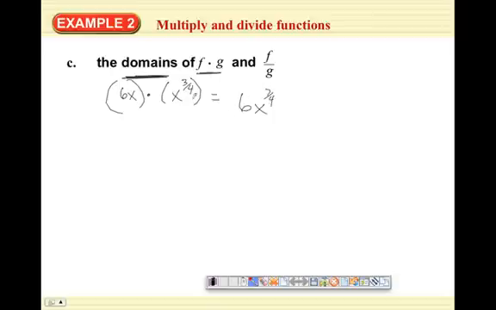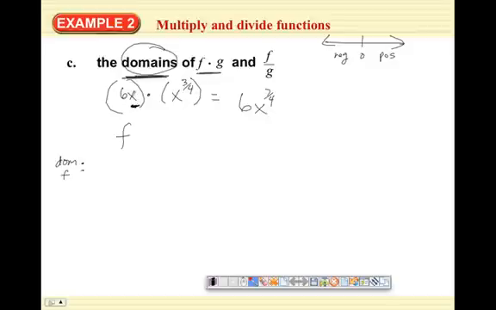Now, if you ever want to find the domain, you have to ask yourself a couple of questions. Could it be negative? Could it be 0? Or could it be positive? Could x be negative? Look at this one right here. Once again, you go back to the original. See this original part? Here's f. Go back to f. What's the domain of f? What could x be?